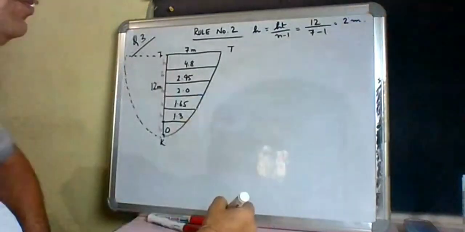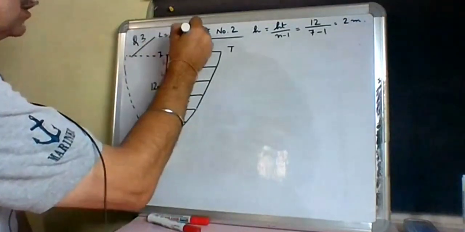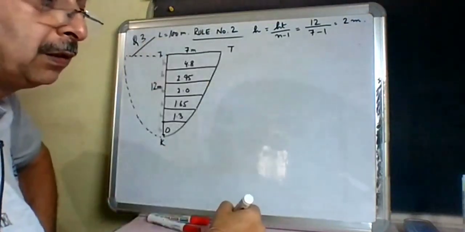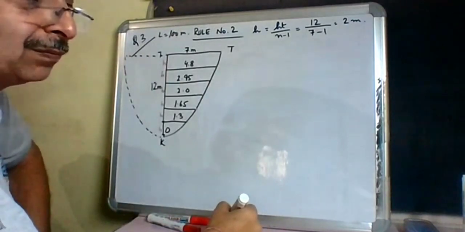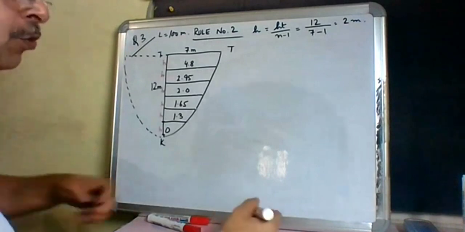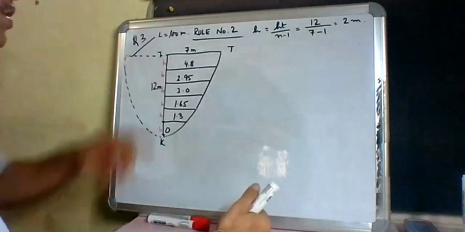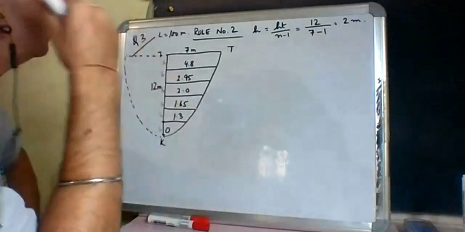In this question, supposing I had given you length is 100 meters, then length is a distractor. In a bulkhead, length has got no meaning. I'm just distracting you.